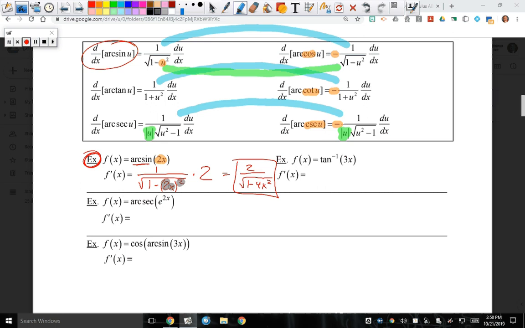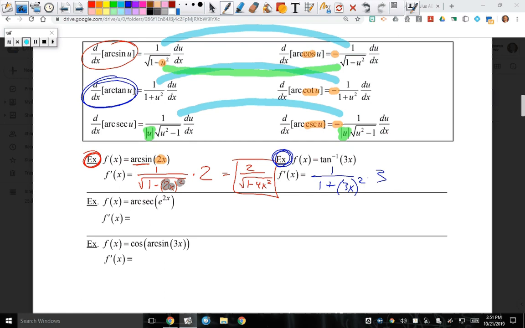Alright, so let's look at arctangent. Arctangent is going to look at this memorized rule of differentiation. So it'll be, you help me out, 1 over what? 1 over 1 plus parentheses 3x squared. Times 3.